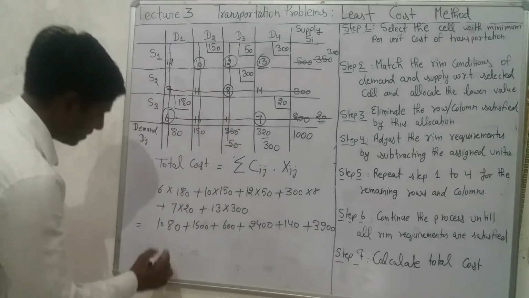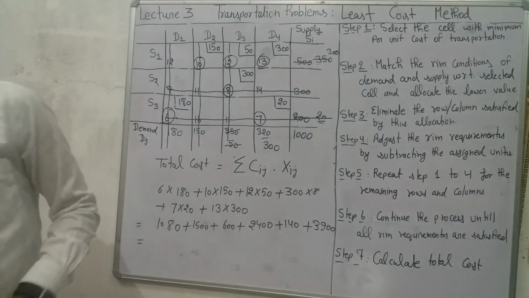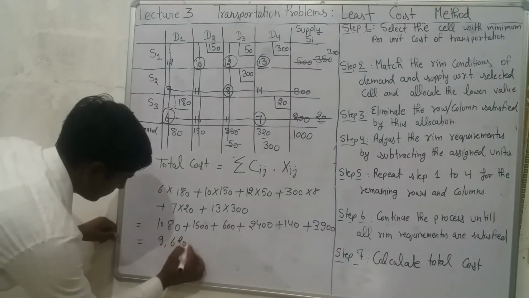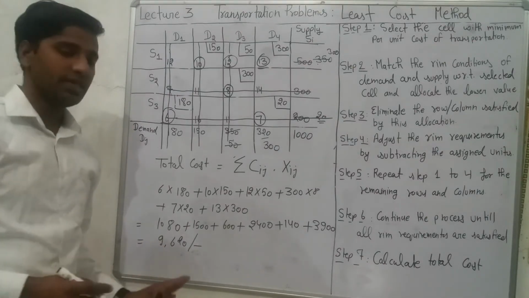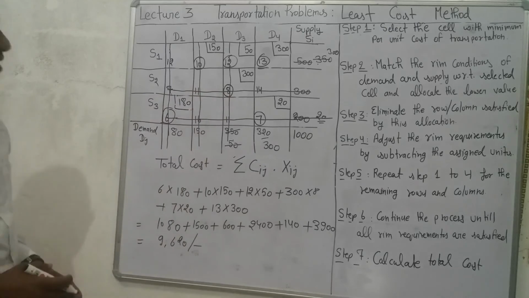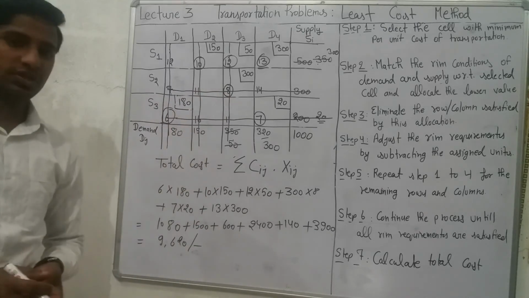So the total amount would be equal to 9620. So the solution would be 9620. So with the help of the least cost method, we have obtained the initial feasible solution of this transportation problem.